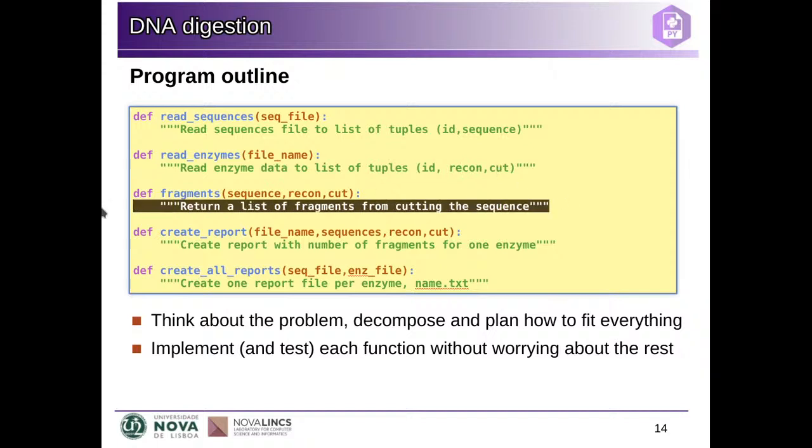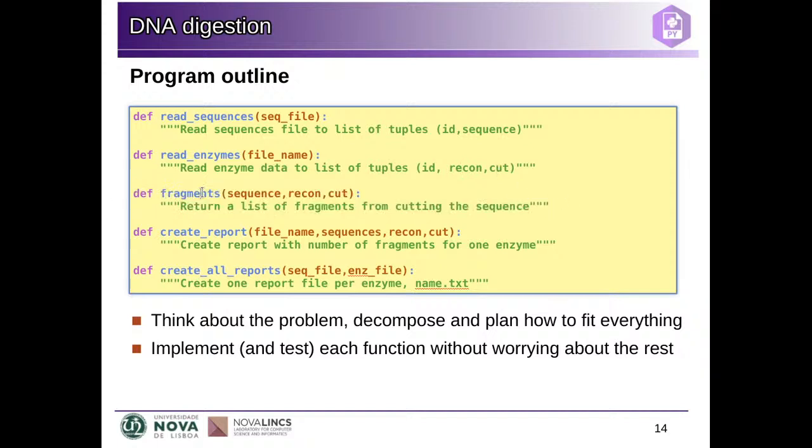And then we have this function that will return the fragments obtained by cutting this sequence with an enzyme. We can specify how the enzyme cuts by providing the recognition site and the cutting point, and this will tell where in the sequence the cut will occur.